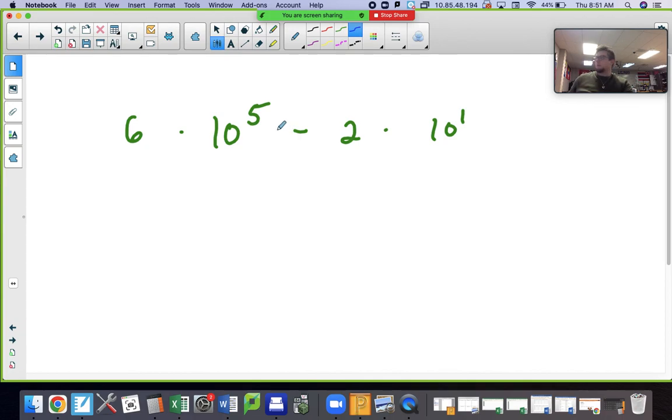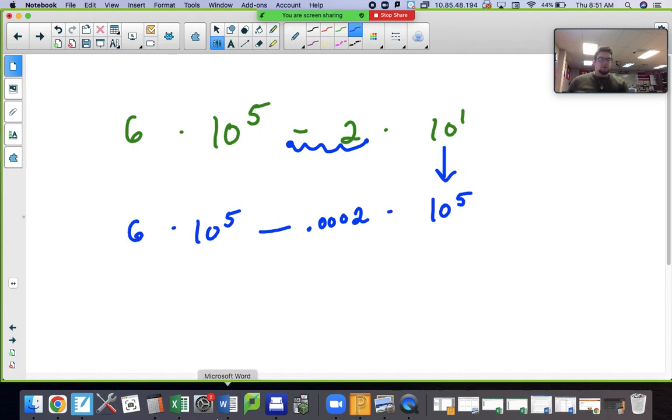I'm going to probably change this one to 10 to the 5th. So I'm going to grab this decimal point and go 1, 2, 3, 4 spaces to the left. Now my number is 4 powers of 10 smaller, and we're now able to subtract.